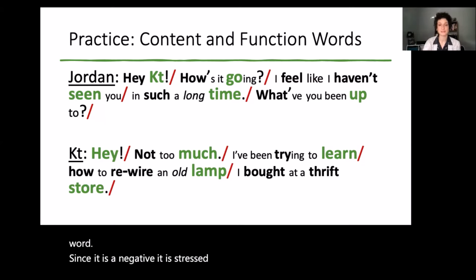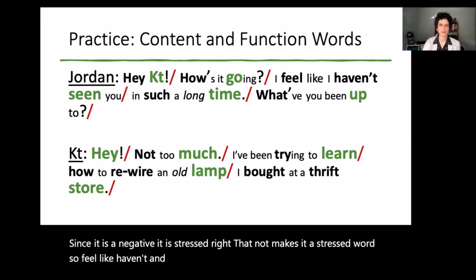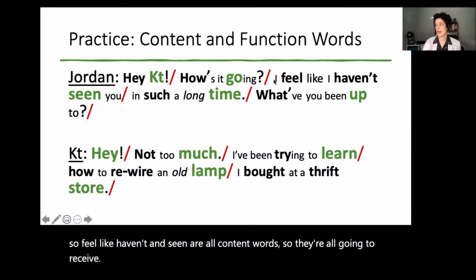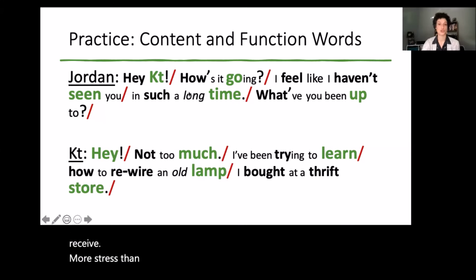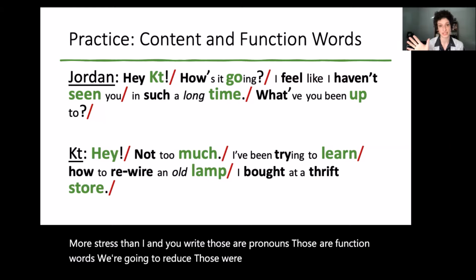That "not" makes it a stress word. So feel, like, haven't, and seen are all content words. They're all going to receive more stress than I and you. Those are pronouns, those are function words. We're going to reduce those. We're not going to give them a lot of attention.